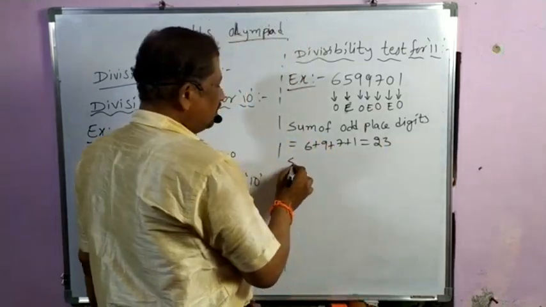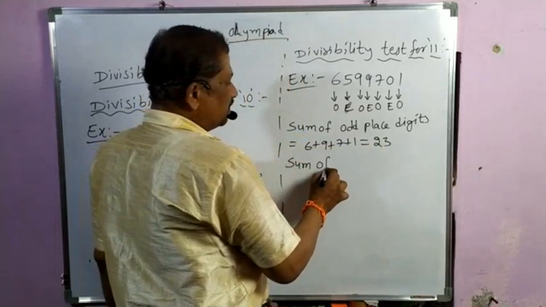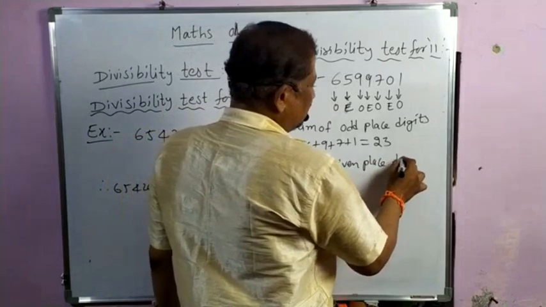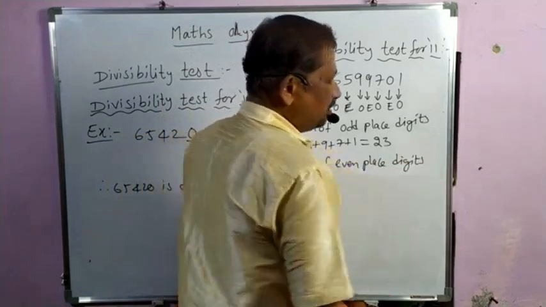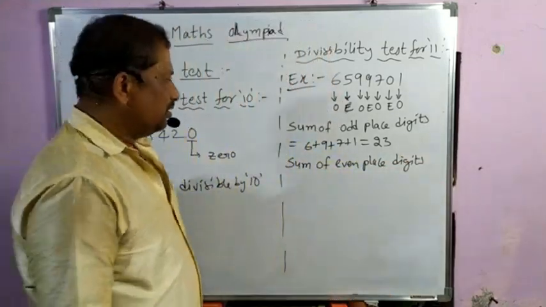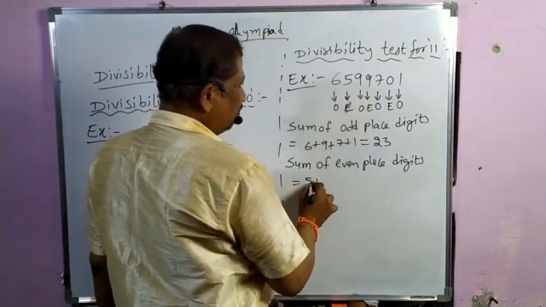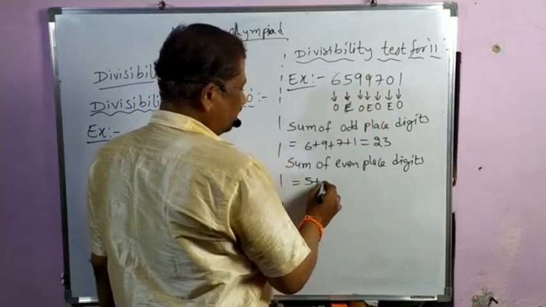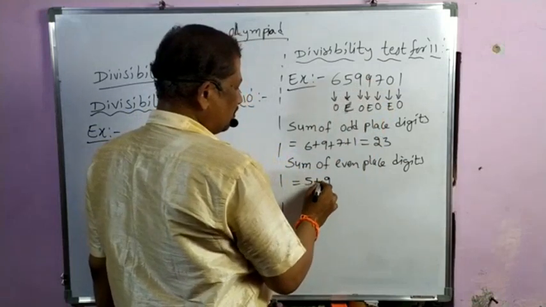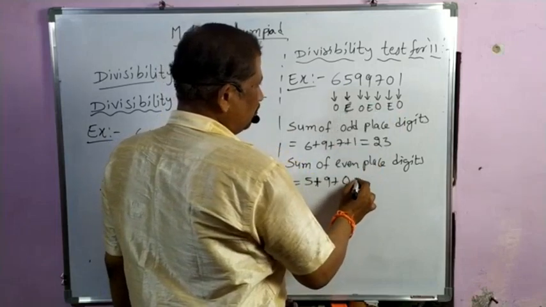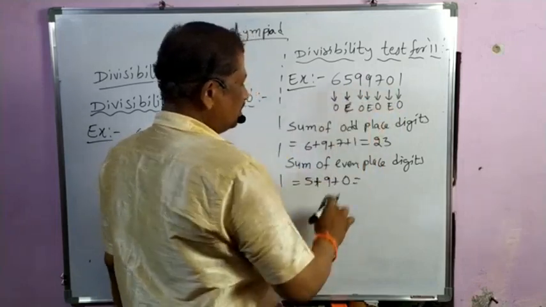Next, the sum of the even place digits. Sum of the digits in the even place. So what are the even place digits? Those are 5 plus 9 plus 0. Only 3 digits we have in even place.